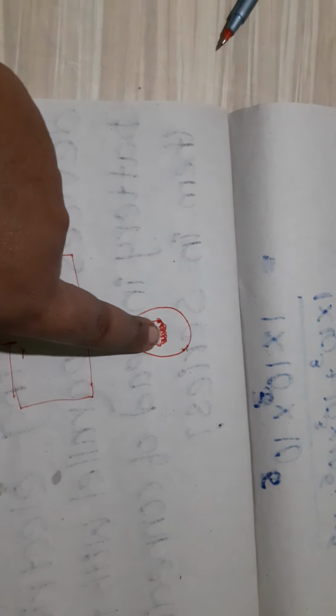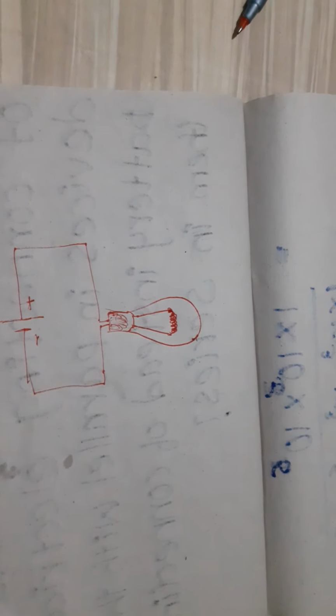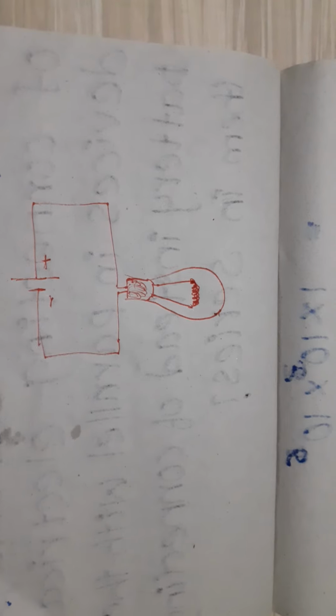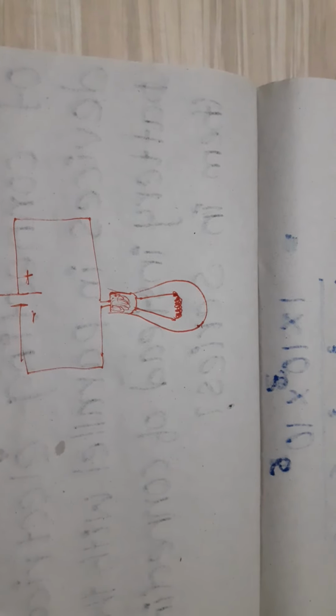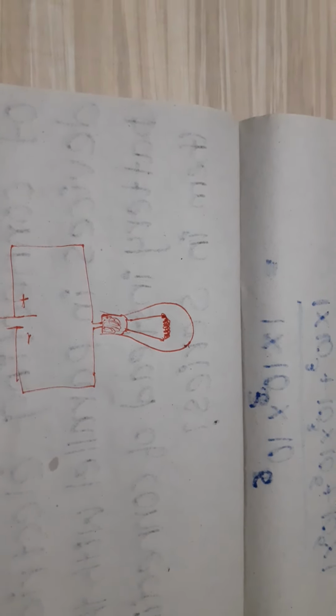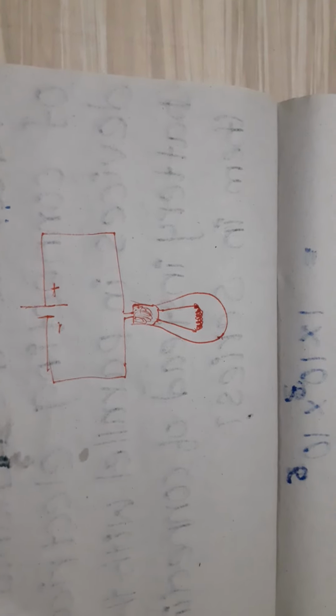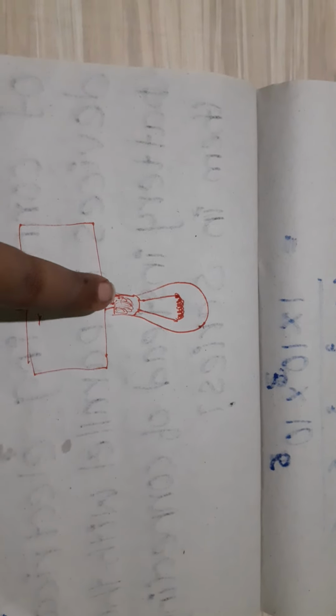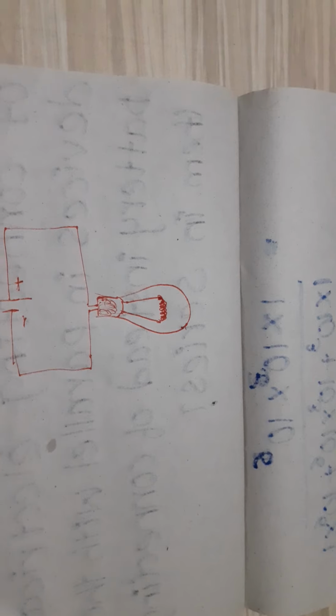As the number of electrons flowing into the filament increases, the heat produced around it also increases. So as time increases, the heat produced by the bulb also increases, and then the bulb glows more.